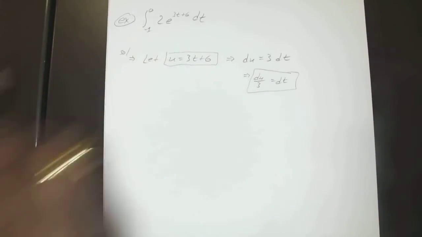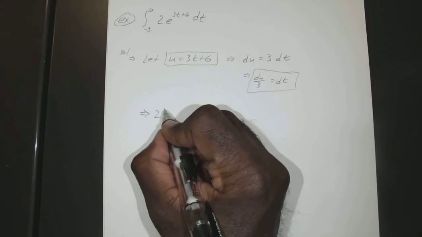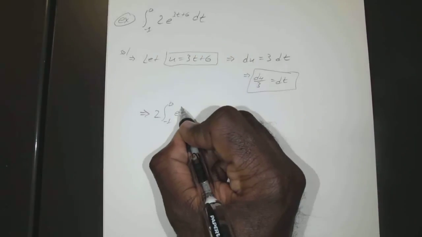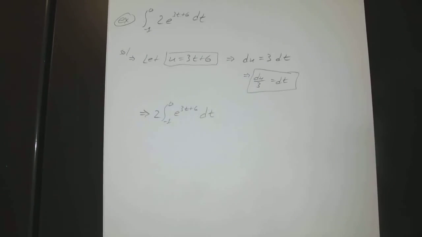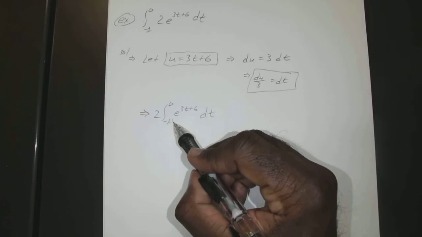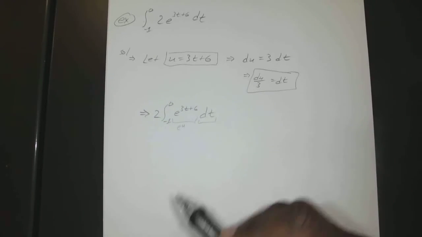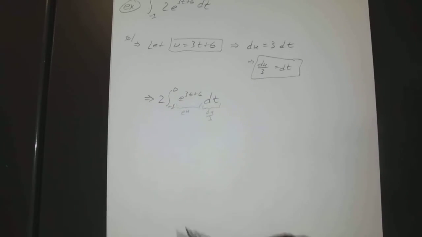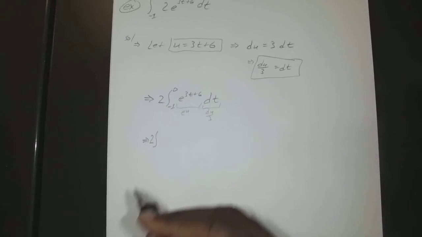Okay, so if we rewrite it, just bring our 2 right on out. So the 2 from -1 to 0, e to the 3t plus 6 with respect to t. That gives us our e to the u, and that gives us our du over 3. Oops, we forgot my 2.